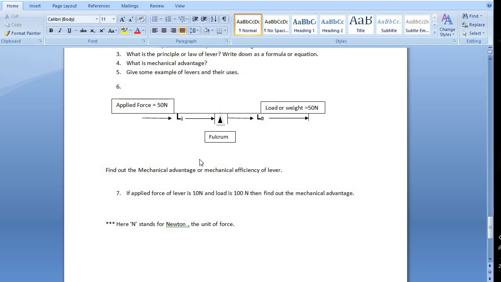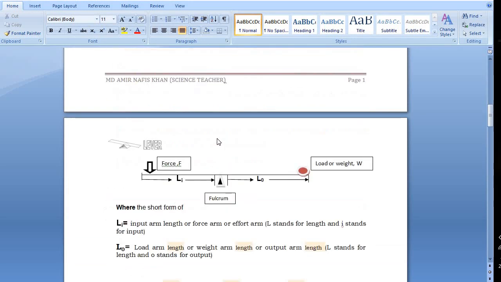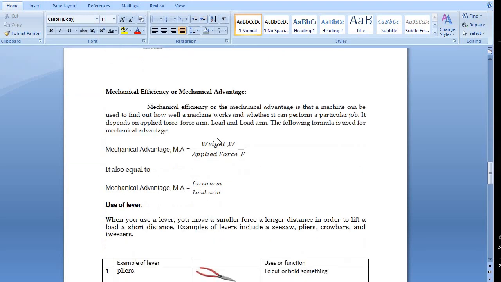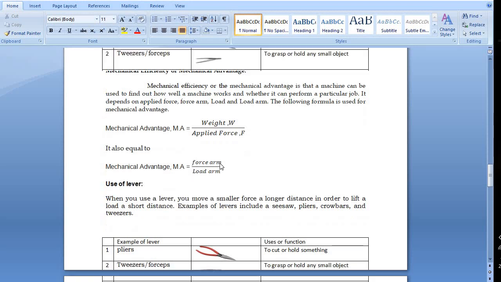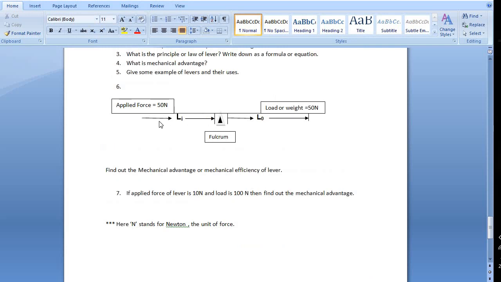The mechanical advantage is equal to weight divided by applied force. You write the formula, then put in the weight, the applied force and the load, and you will find the answer. It will come to maybe 1.